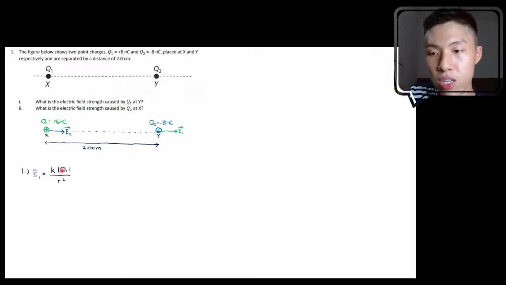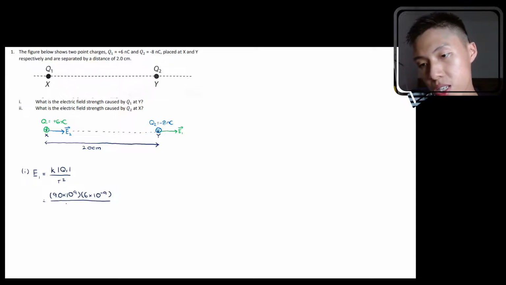Then I put a modulus around Q, because the E over here is the magnitude of the electric field. Magnitude of the electric field means that it must be a positive value, so you shouldn't have any sign for your Q over here. Okay, so you substitute in your values. Q1 is 6 nanocoulomb. You don't substitute in the sign.